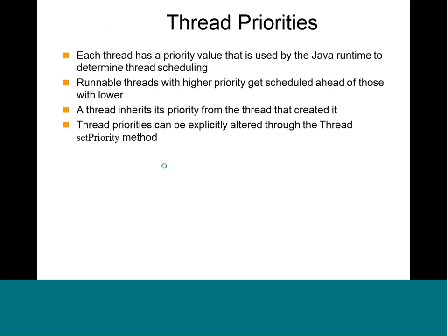There is an integer value that can be assigned to each thread, and I'm going to show you some examples, and you'll see the reliability of priority. I've got one example where two threads start, and the one with the higher priority should get scheduled and should count more than the one with the lower priority. What happens is the opposite. A thread of lower priority ends up counting to a higher value than the thread of higher priority.